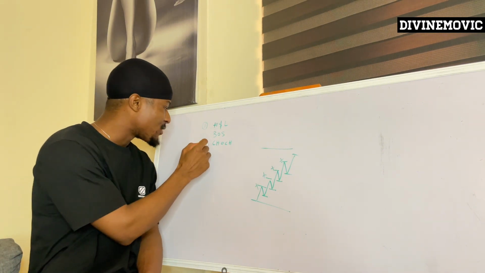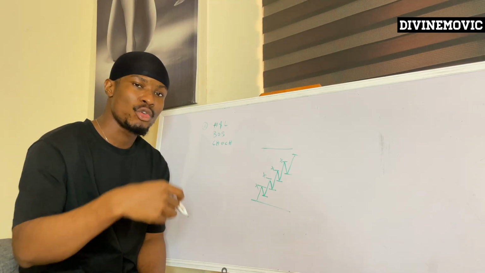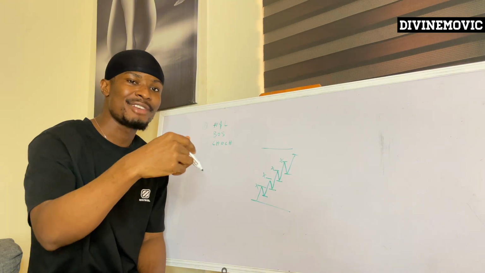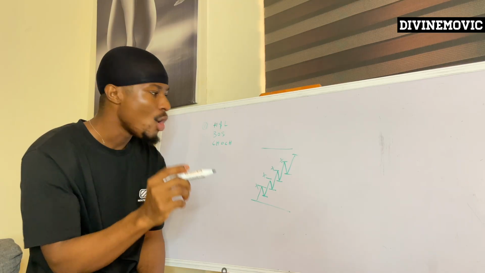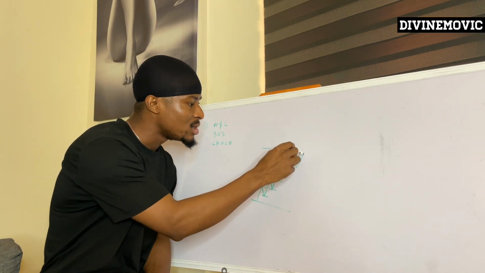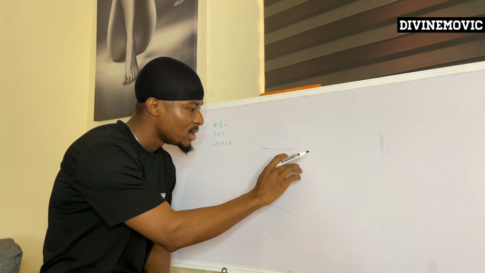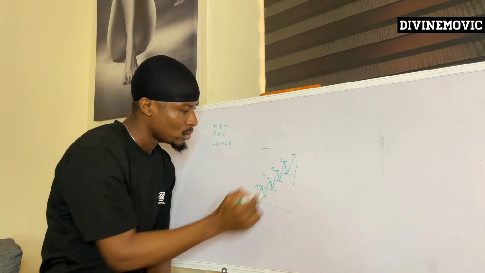Now, what about change of character? Change of character simply tells us that price that is going to the upside is about to reverse to the downside, and this occurs when price fails to give us a new break of structure, but instead price gave us a new low.